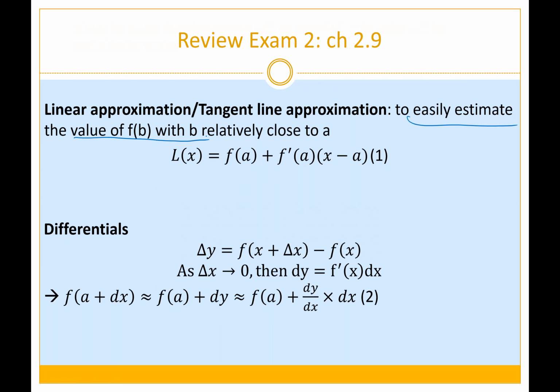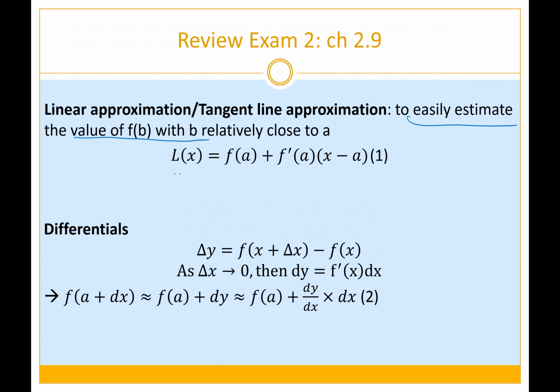You know square root of 4, but we don't really know what is square root of 4.2. At that point, our function is going to be square root of x, and the value of x that we're trying to find is at x equal 4.2, and we try to find what is f(x) at that point.